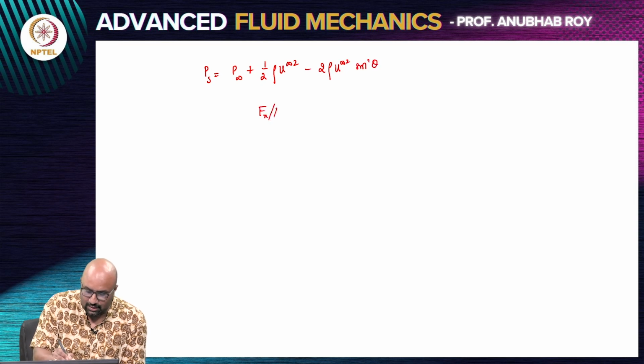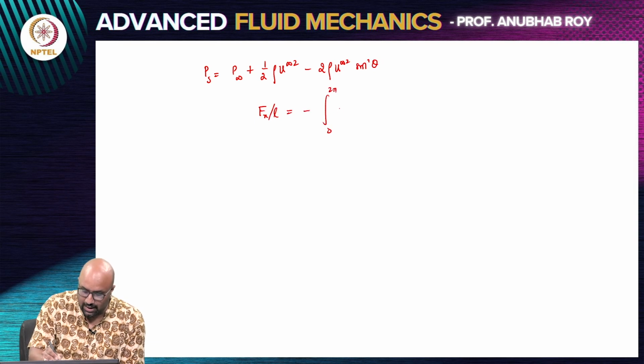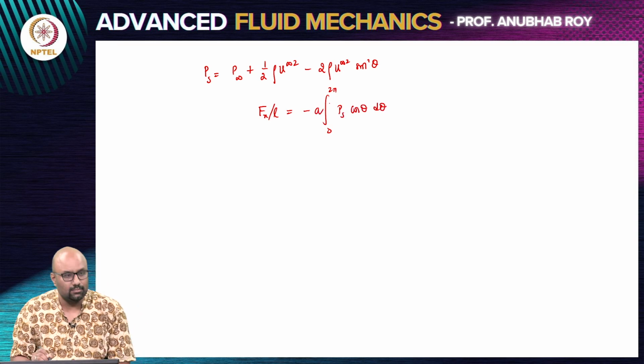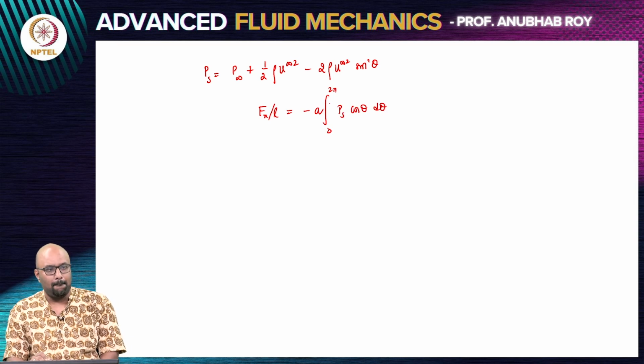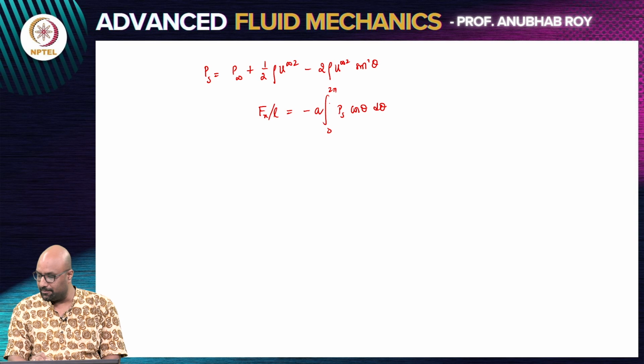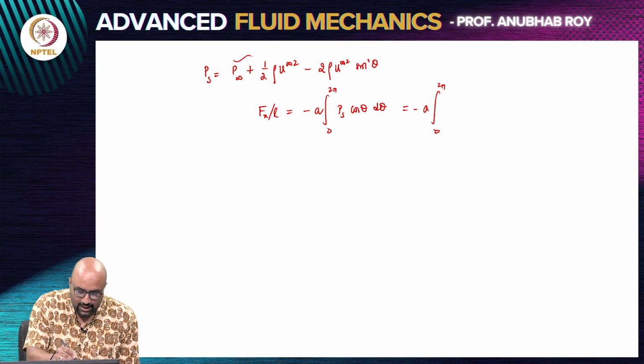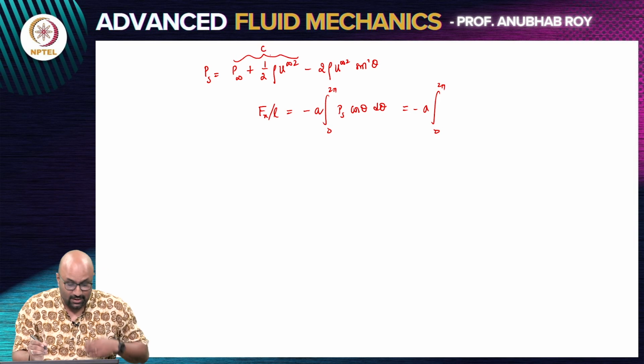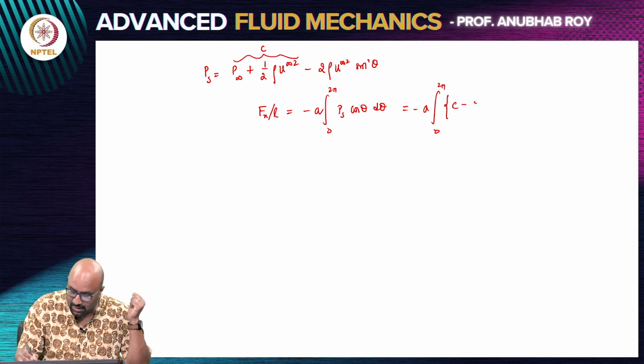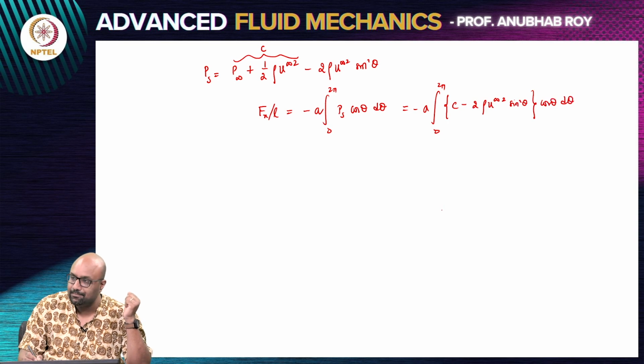So for calculating the force per unit length in the x direction, I need to do the integral from 0 to 2 pi of Ps cosine theta d theta, right? That's the force in the x direction. If you substitute, you have minus the integral from 0 to 2 pi, and this entire bit I will just call a constant c, so that's (c minus 2 rho u infinity square sine square theta) cosine theta d theta.